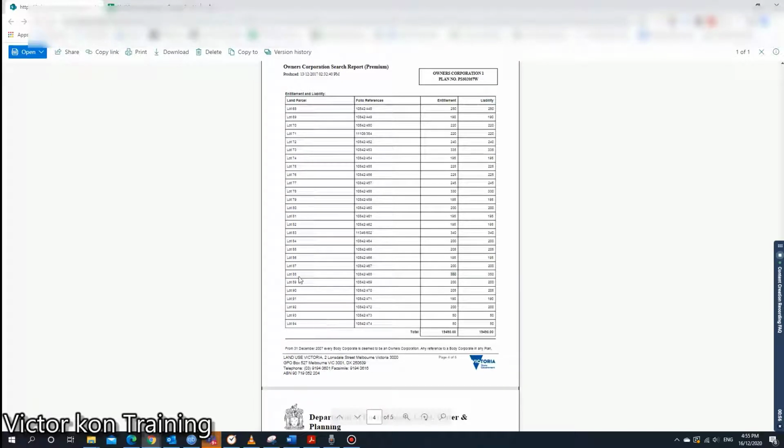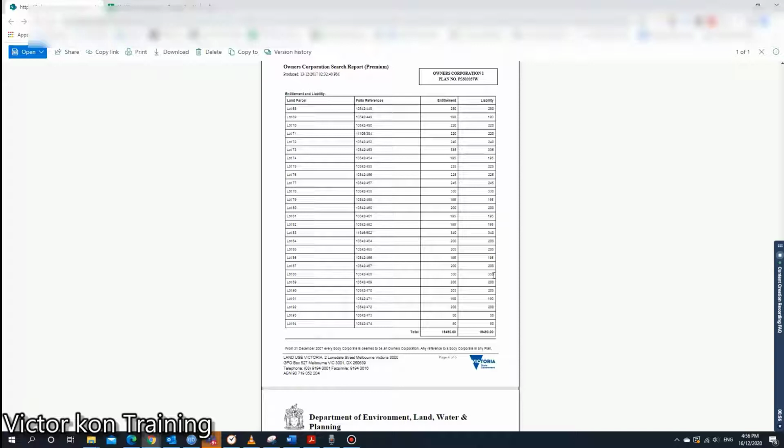So let's say that you belong to lot 88. You have to check your contract of sale or your plans of subdivision. This is the folio reference. Let's say that your entitlement and liability is 350. So that's 350 out of the total entitlement in the building. I'm going to use my calculator and divide that to see what the percentage is. So 350 divided by 19,490.